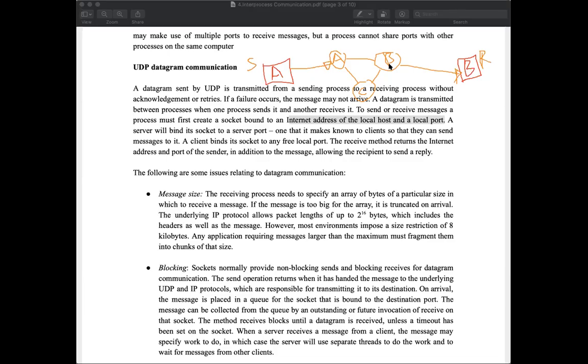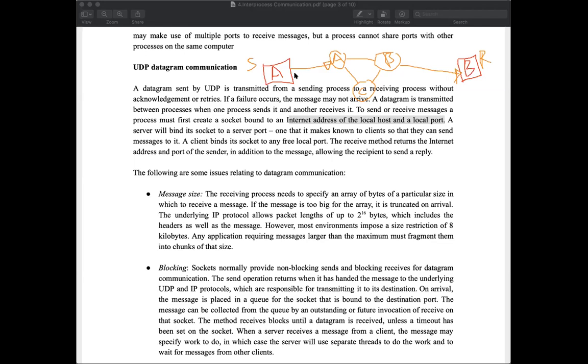Rather, A sends datagrams continuously and B will eventually receive them. But the UDP protocol does not try to make a connection. Connection means making a path.